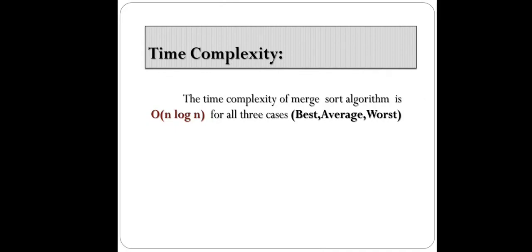And it also goes through the whole process even if the array is sorted. That is, if we have taken the input as a sorted list, it still tries to sort the elements. This is also a drawback of the merge sort algorithm.